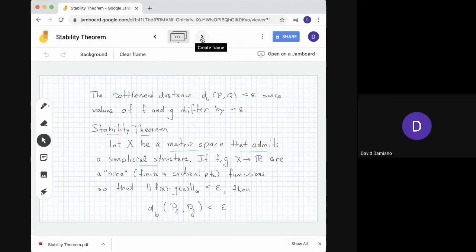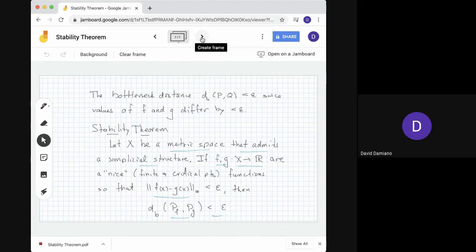Okay, if f and g are continuous functions from X to R, which have some nice properties, so a finite number of critical points, for example, and they're functions such that the difference between them, measured along the y-axis in the y direction, is always less than epsilon, then if we use the sublevel sets to create a filtration and then a persistence diagram, those diagrams will have bottleneck distance less than epsilon apart. This is the stability theorem.